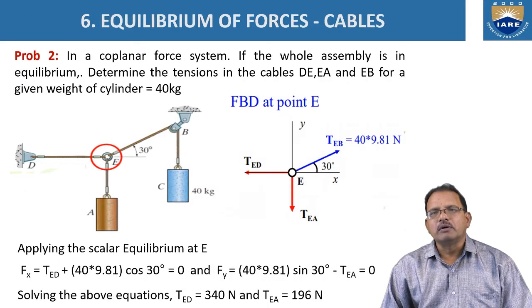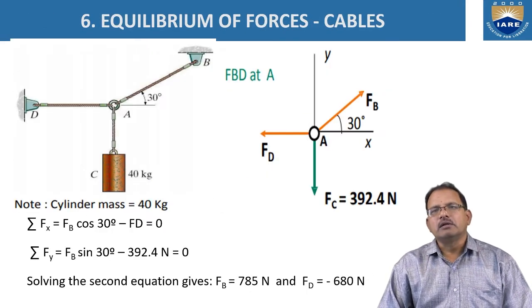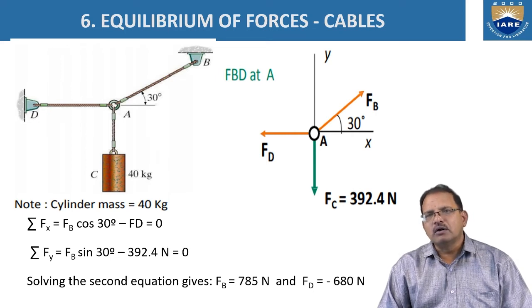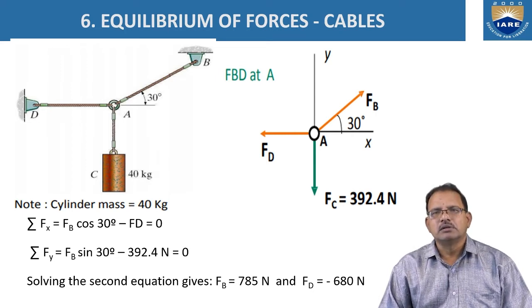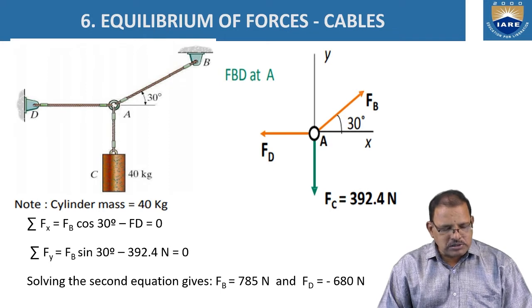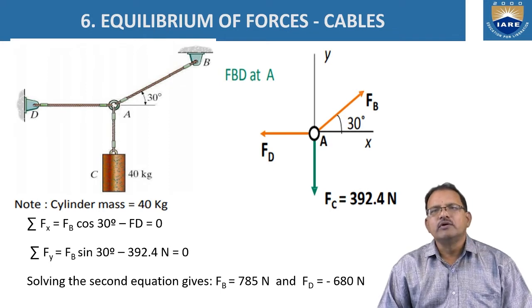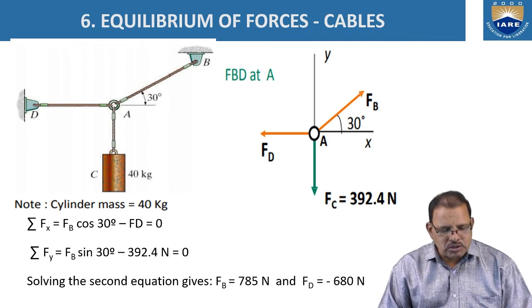Now I am taking one problem here. According to the problem, a body of 40 kg is suspended at a point A, which consists of two strings AB as well as AD, so that the system is in equilibrium.